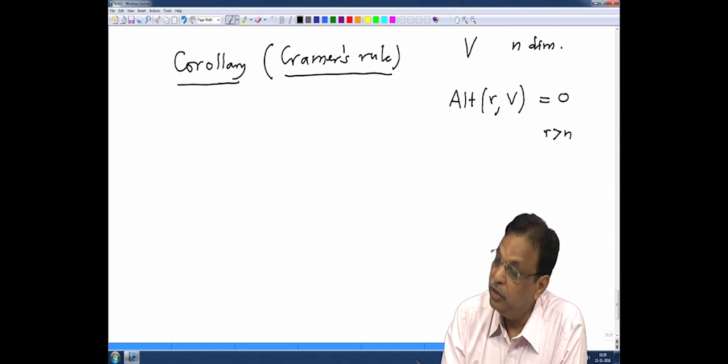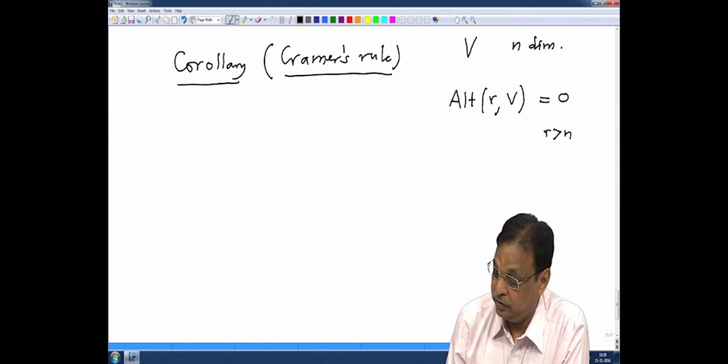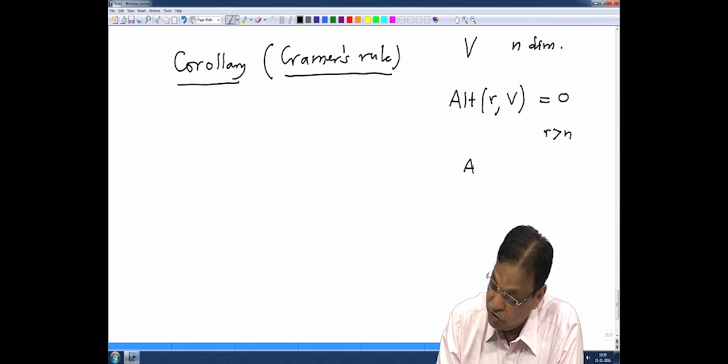So the first time it is non-zero also determines the dimension of the vector space. That is the first time alt n V is non-zero, and this is one dimensional.